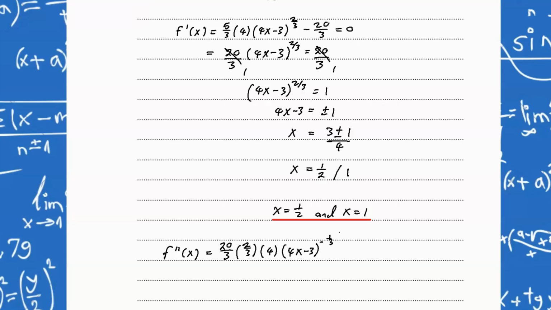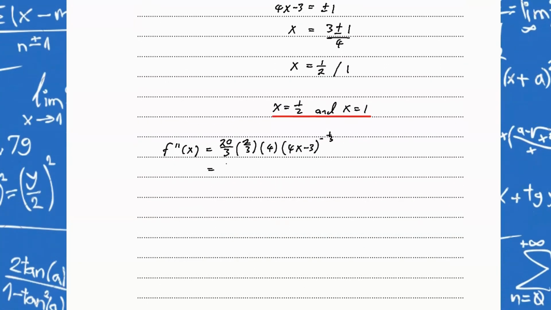And differentiating the constant, we get 0. So this will suffice for the second derivative. So basically, this will give us 20 times 2 times 4, which is 160, and 3 times 3, that's 9, or 4x minus 3 to the power minus a third.